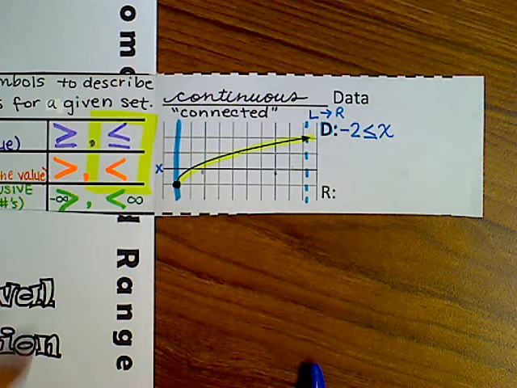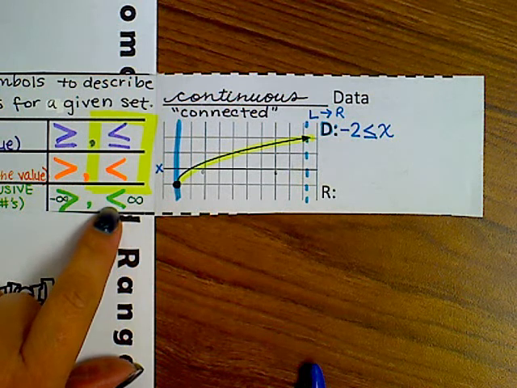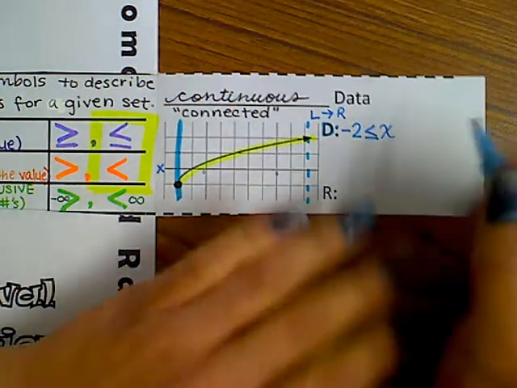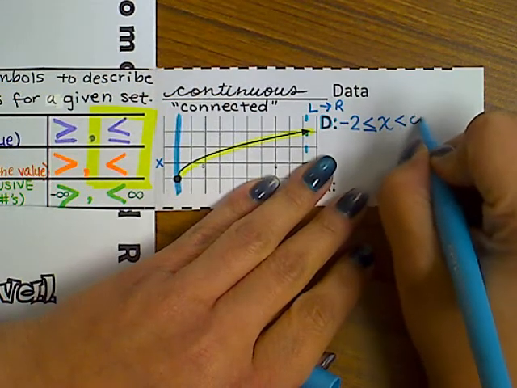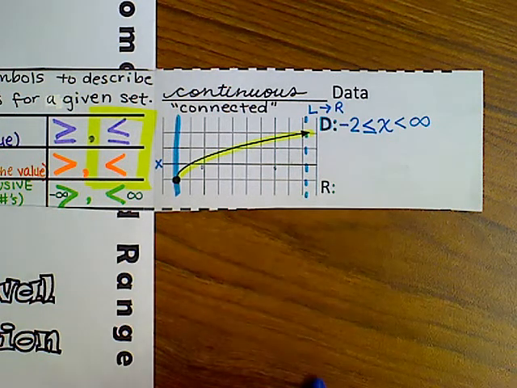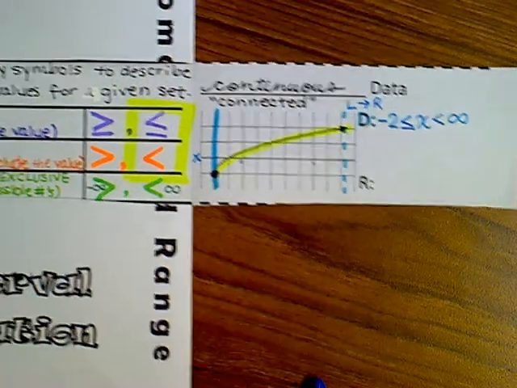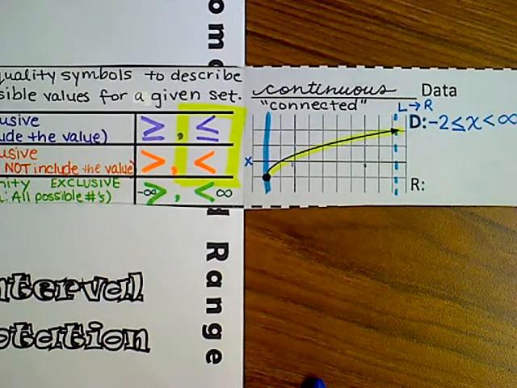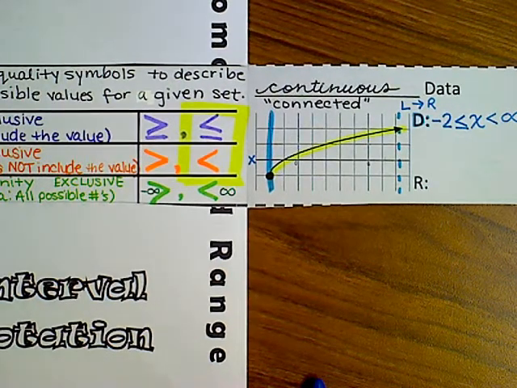So I would say that it is a positive infinity, and I would write the following: less than infinity. Now do know that it is not necessary to write the infinity symbol, because I know a lot of you guys don't like it anyway. Instead, we could actually cut it off right here.